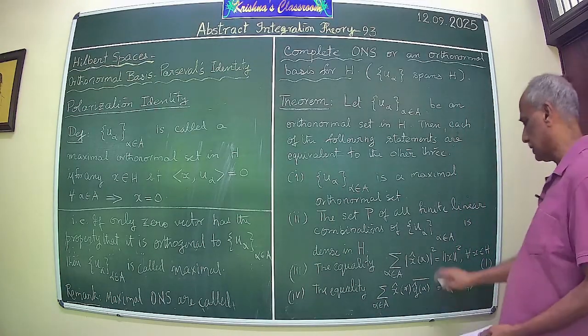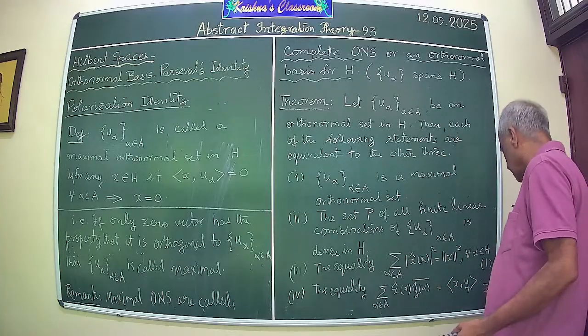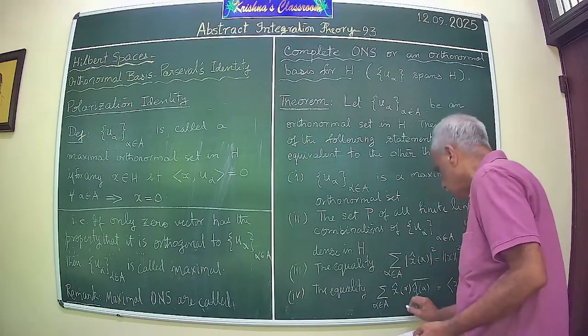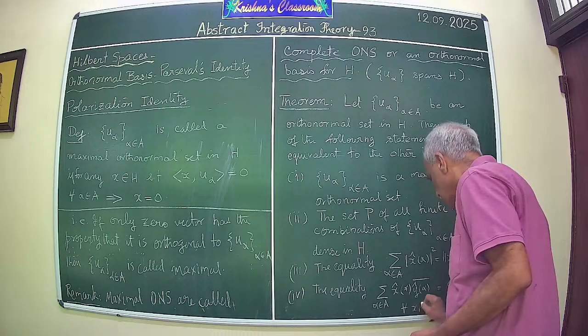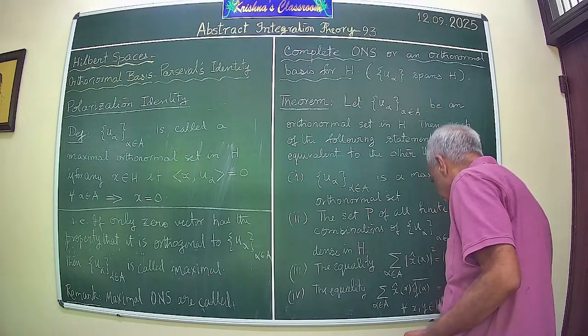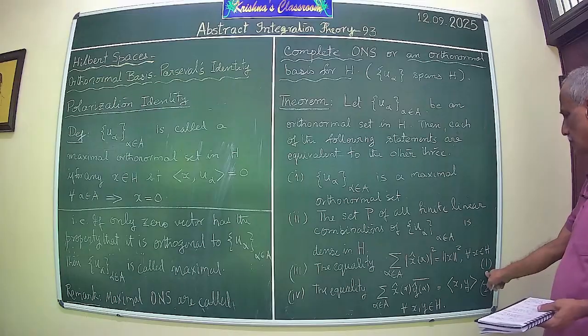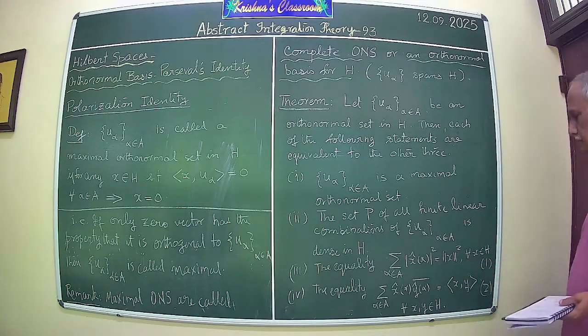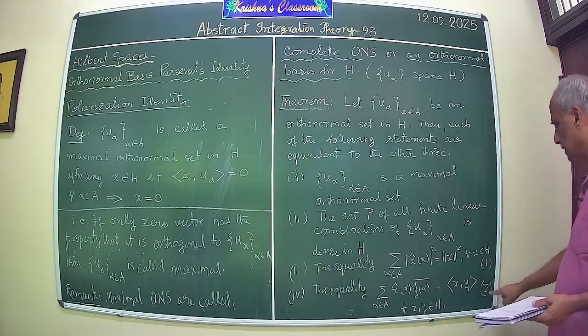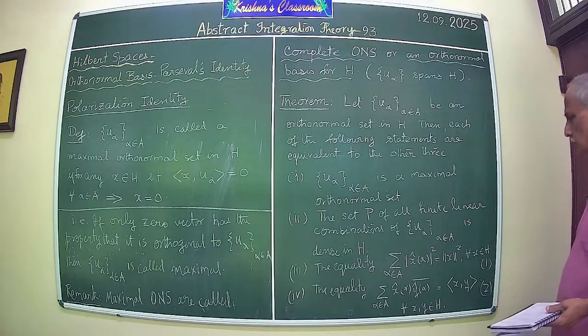Now the first one, equality 1 and equality 2, you see that equality 2 easily implies equality 1.